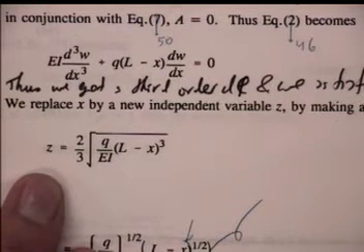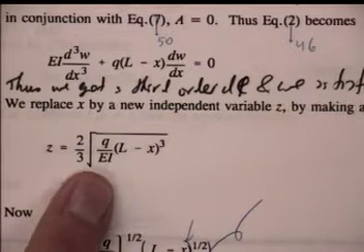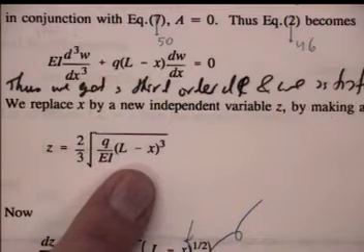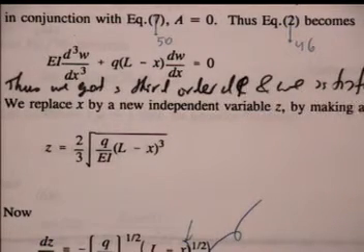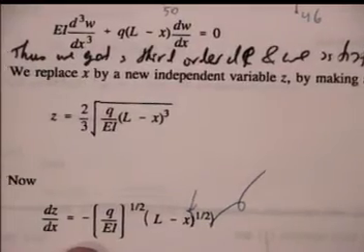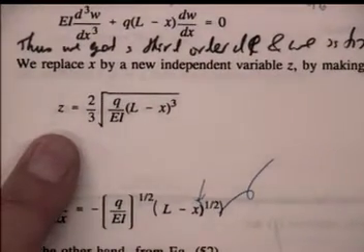Now we introduce a new variable, z, which is 2/3 times the square root of q divided by EI, times (L minus x) to the power 3/2. Let us look at the first derivative of z. Please write down that it's a new variable.